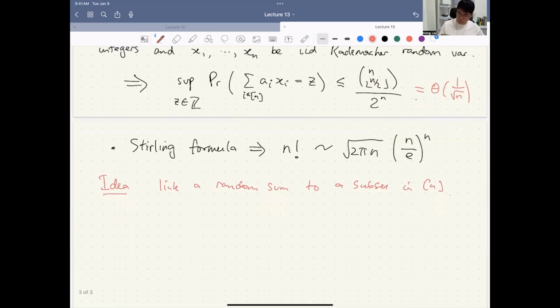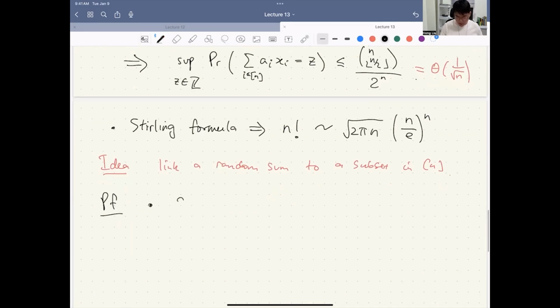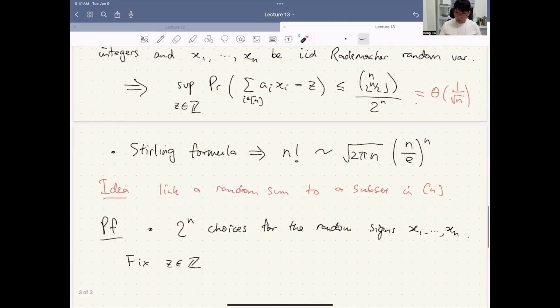Okay, here's the proof by Erdős. As I said, there are 2 to the n choices for the random Rademacher variable signs x1 to xn. So let's fix z, a natural number, and see what choices of signs will result in this particular value z.